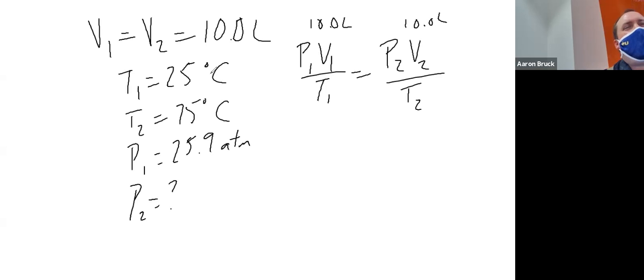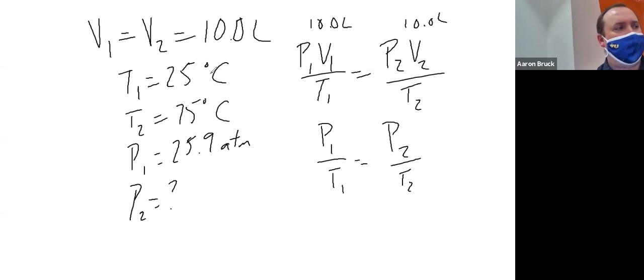So this isn't actually technically a combined gas law problem. This is a pressure temperature kind of problem. We can actually reduce this down. P1 over T1 is equal to P2 over T2. Gay-Lussac's law.